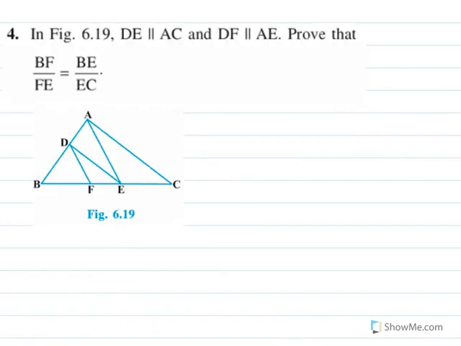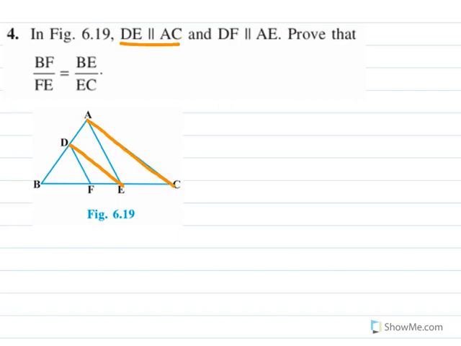In figure 6.19, DE is parallel to AC and DF is parallel to AE. Prove that BF over FE equals BE over EC. So the first part, DE parallel to AC, let's mark that in our figure. We have DE parallel to AC.